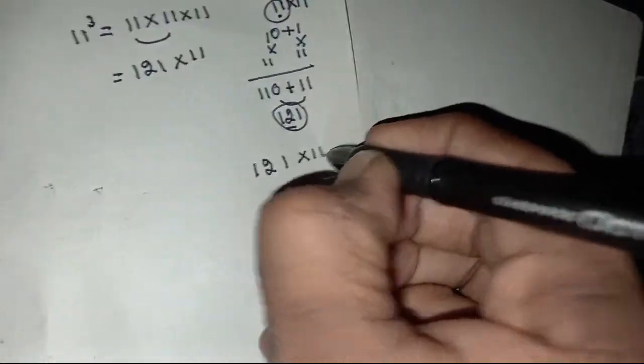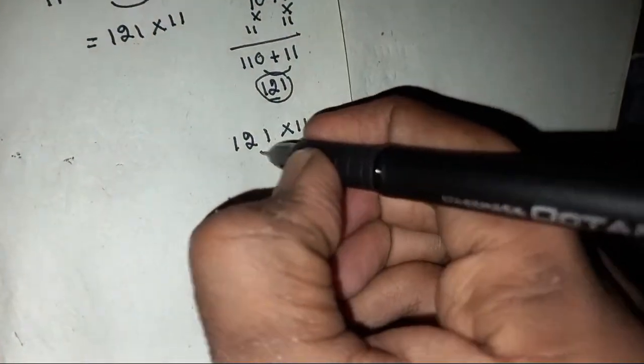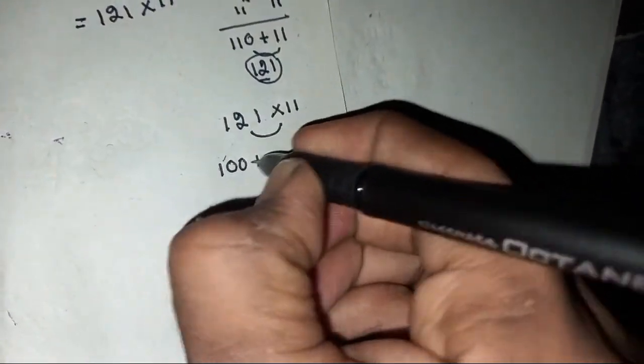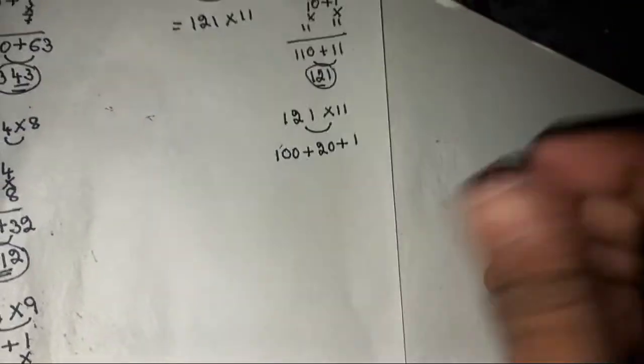121 can be split and written as 100 plus 20 plus 1, and here you multiply.